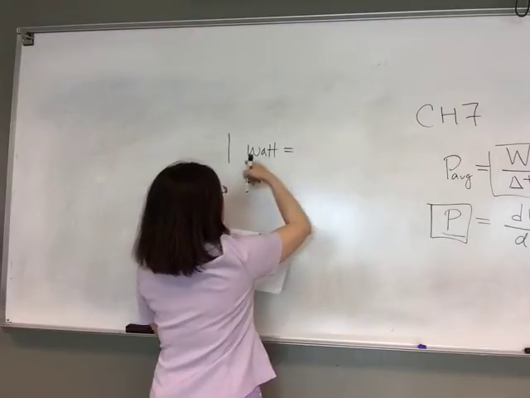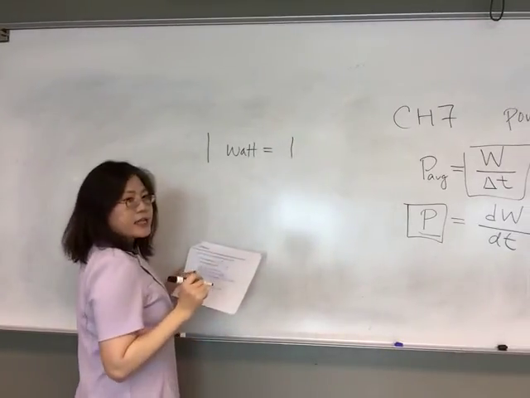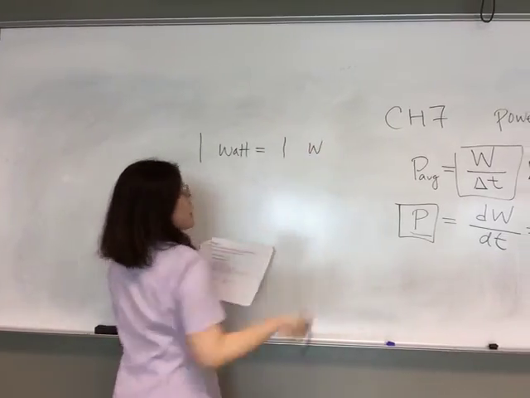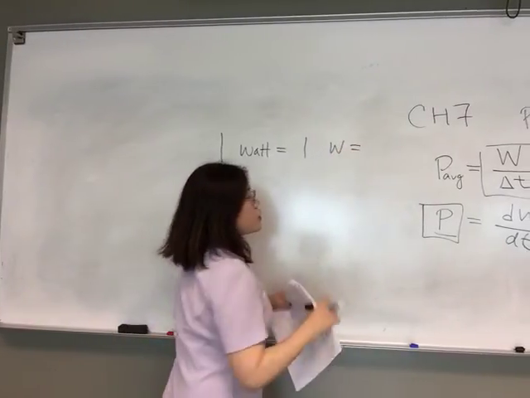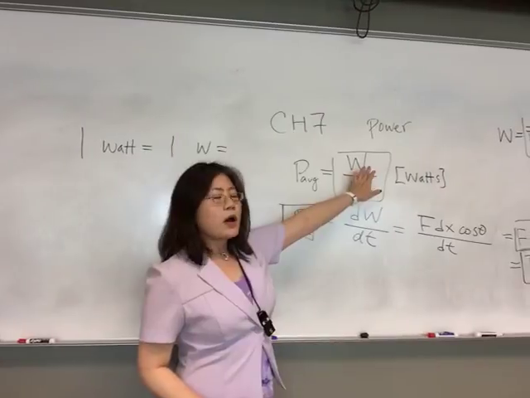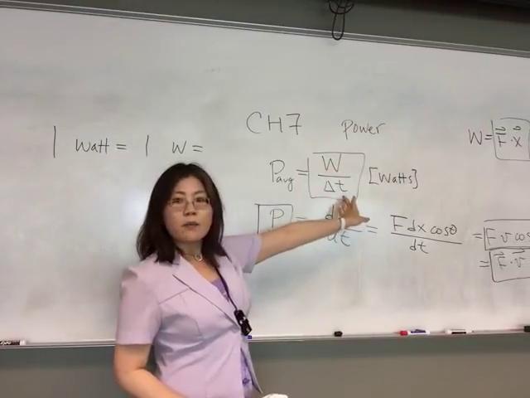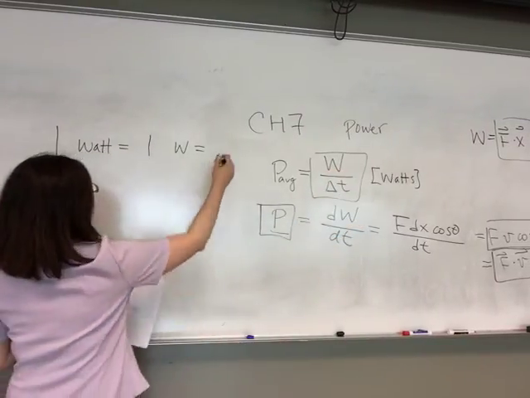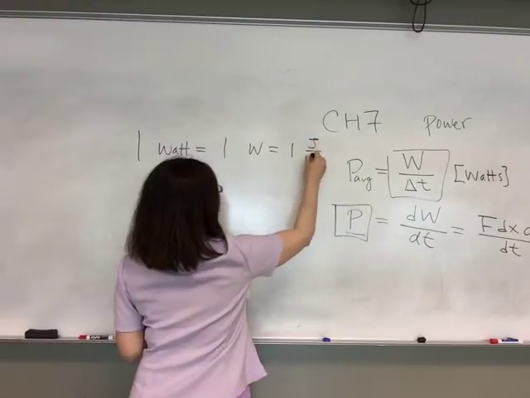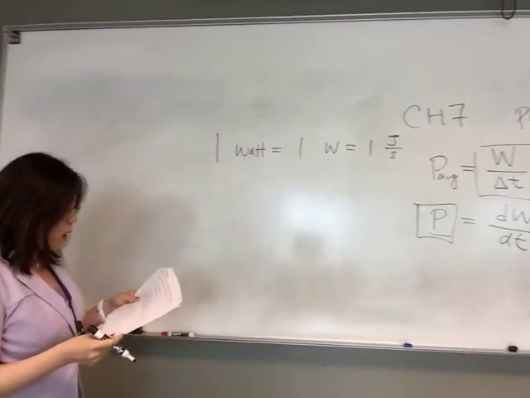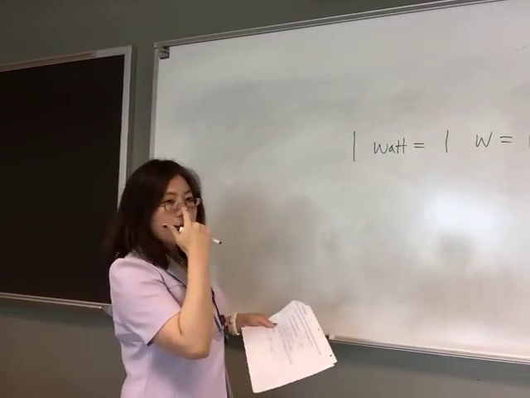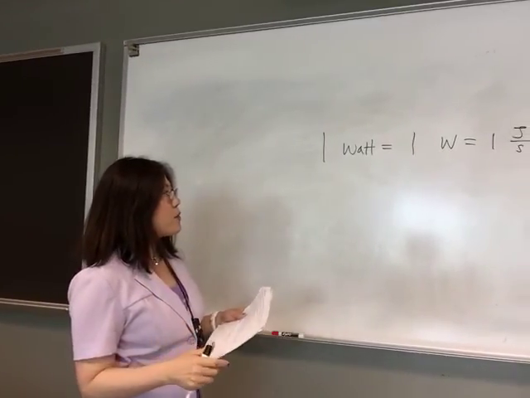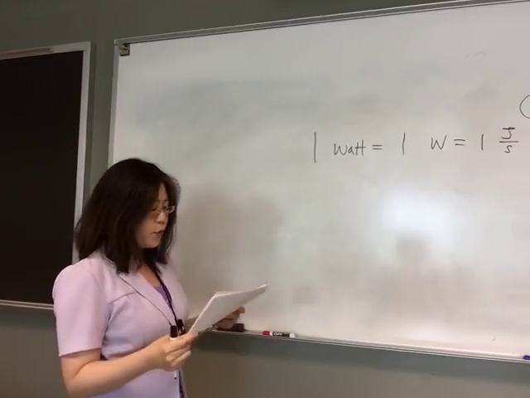So 1 watt, you can just write 1 W. By definition, work has a unit of joules and time has a unit of seconds, so that's also equal to joules per second. So joules per second gives you 1 watt, and in the United States and most parts of the world we use watts for power.